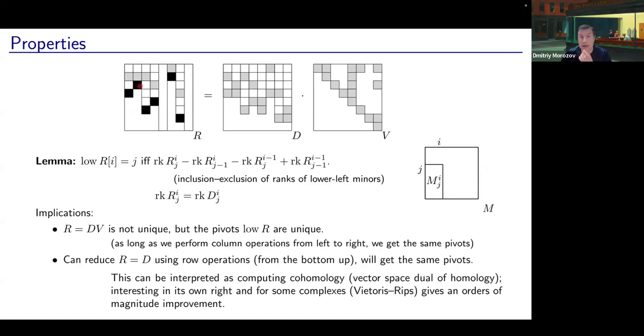But you can imagine that, for example, I could reduce this column further by getting rid of this entry by adding this column to here, and then during reduction of a later column, I will save myself some effort because I will skip over some operation. So something like that is possible, but that's maybe the extent of what you're allowed to do.